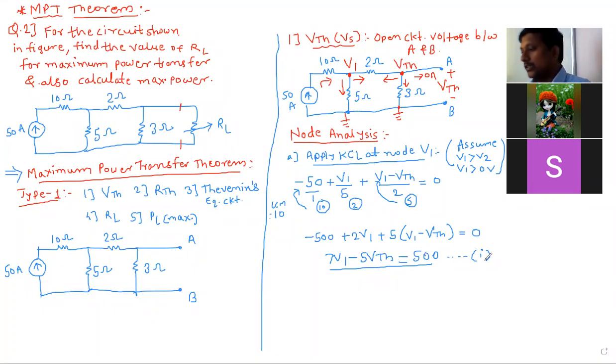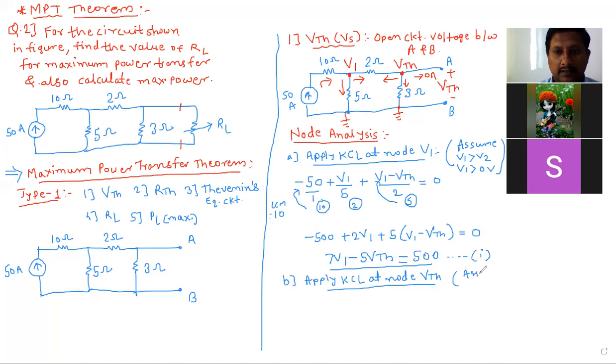Again apply the KCL at the second node. Apply KCL at node VTH.